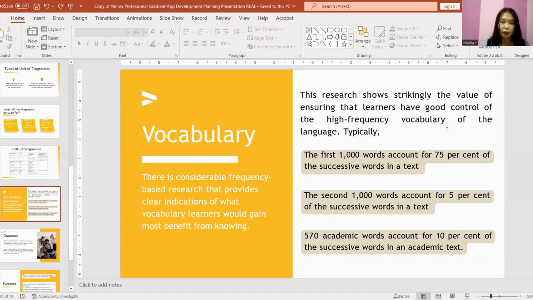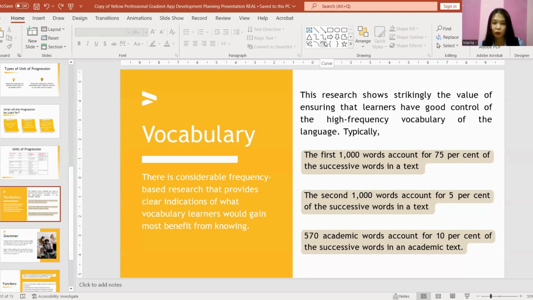So in this case, we have to make sure that the students learn the vocabulary that is frequently used.